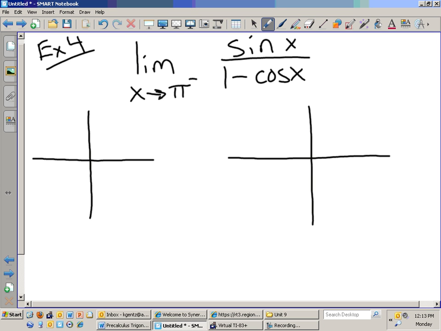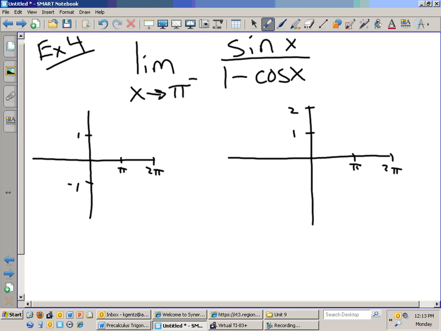Now, I don't know if you guys necessarily know exactly what these graphs look like. But if I were to divide these up into pi and 2 pi, and I were to look at this graph, I'm going to first look at the graph of sine of x.